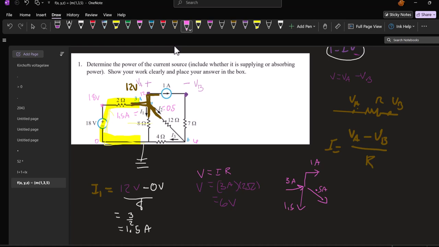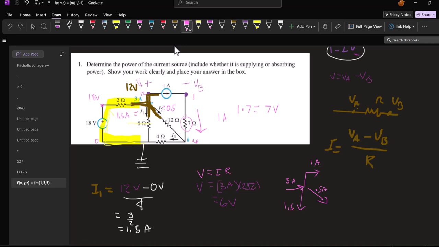I know that the current going down this branch is 1 amp, and I have a voltage drop here of 1 times 7 equals 7 volts. So I have to be 7 volts higher on this side than I am on this side.